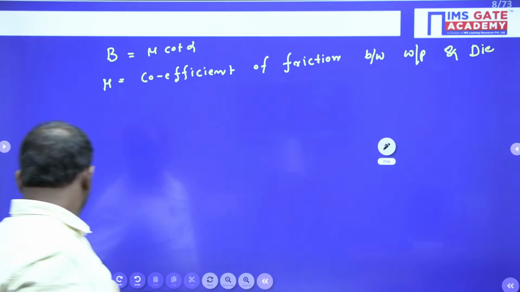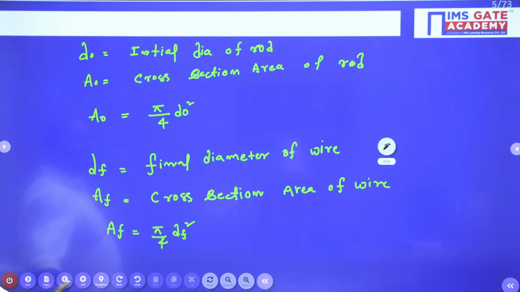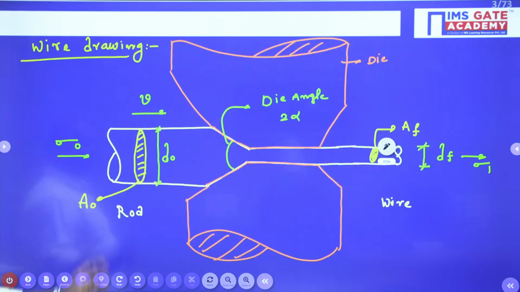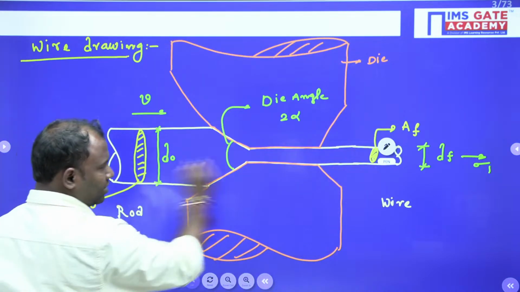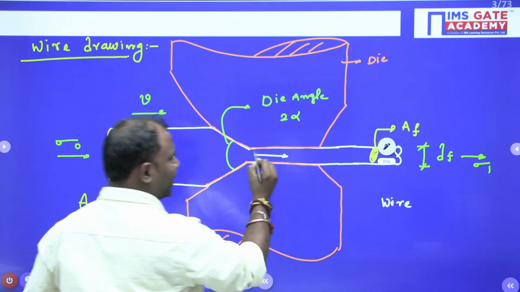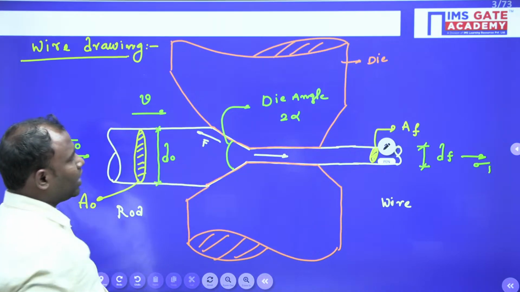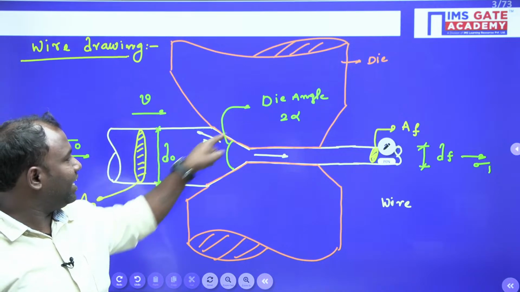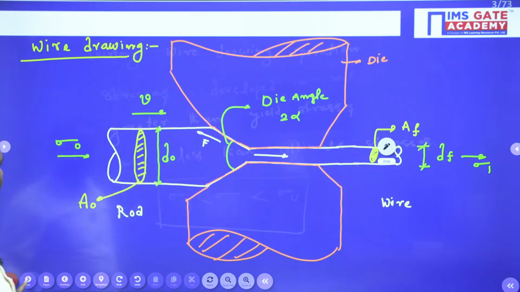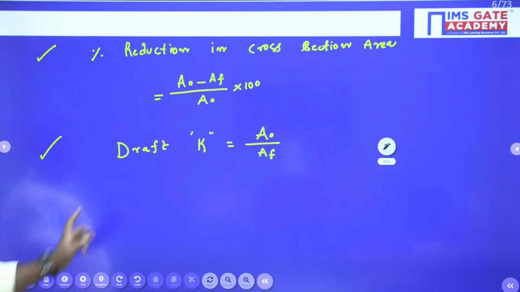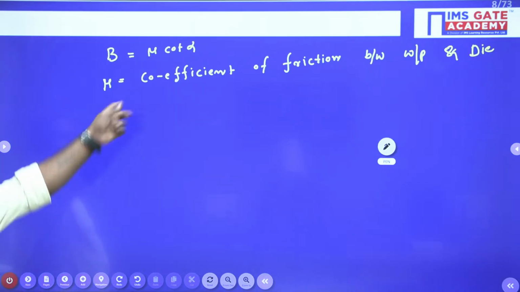During the wire drawing operation, what happens? The draw is going, so the workpiece is going in this direction, so friction will act in this direction. So that is why the coefficient of friction between the die and rod is this one. Okay, mu. Right. That is what I wrote here. Mu is the coefficient of friction.